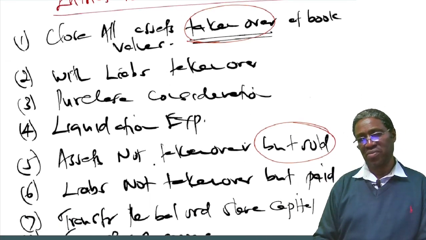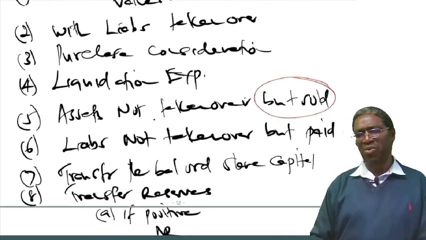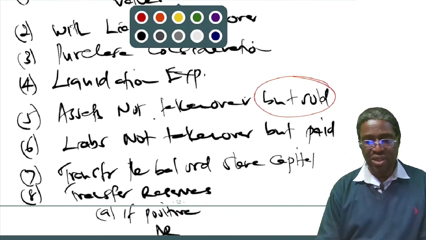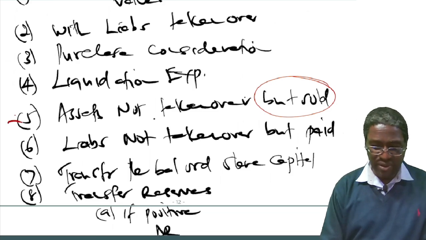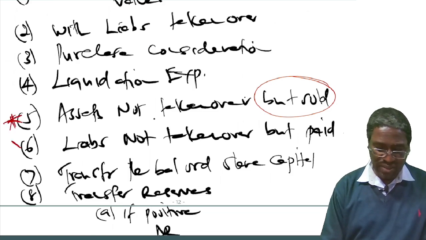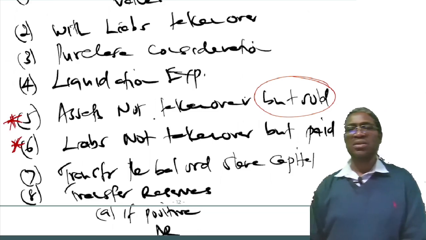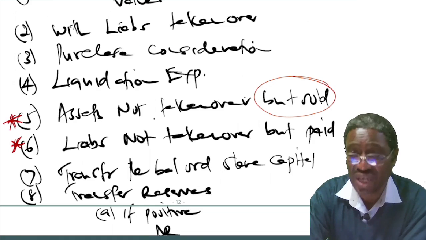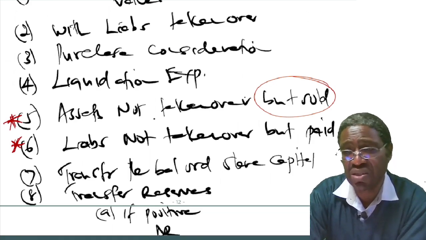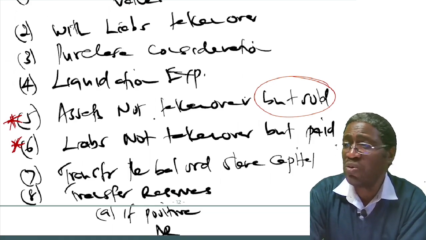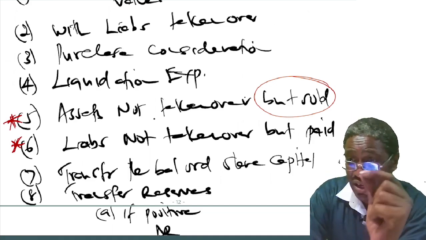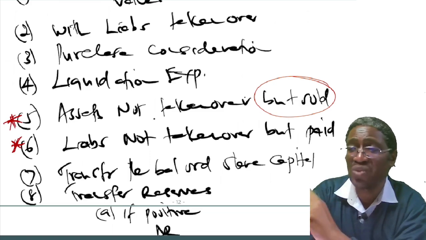Now listen. Most questions in your past papers will not have entry number 5 and 6. You will always be told all assets were taken over. When you are given the question, you will be told the following assets were taken over.